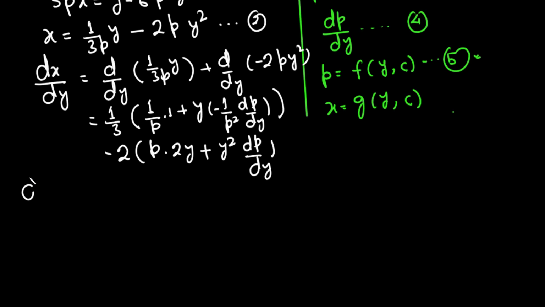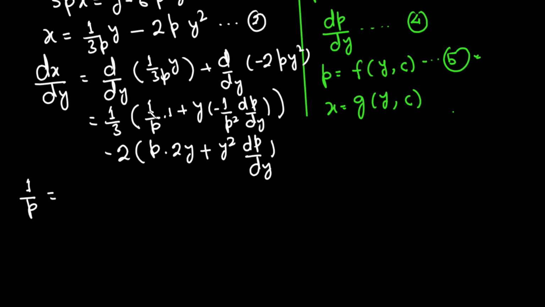Further simplifying it, the left hand side is dx by dy, so we can write it as 1 over p, because dx by dy is equal to 1 over dy by dx, and we write dy by dx using the symbol p.